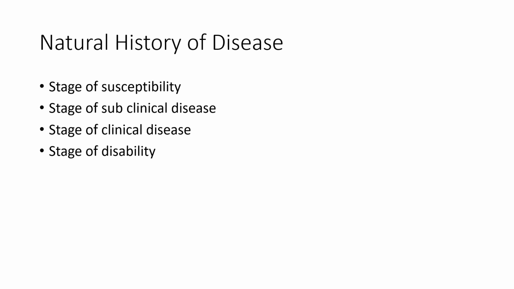Stage of subclinical disease, this would be your asymptomatic stage. You have your pathogens inside your body, but it is not enough to cause any symptoms. Then you have your stage of clinical disease. This is where your symptoms set in, and disability, wherein you have the repercussions of disease when you cannot completely recover or when you do not die from it.